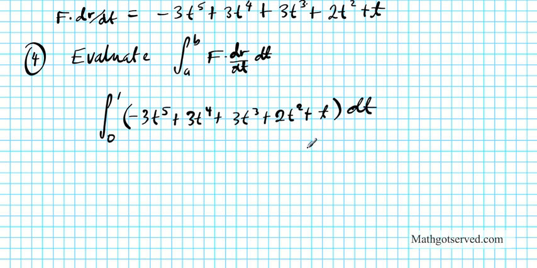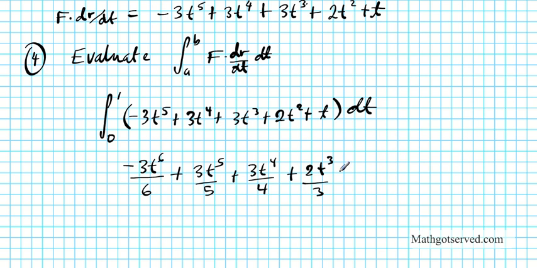Okay, so using the laws of integration, we're just going to use the power rule for integration to integrate all of these terms. If we do that, we're going to have negative 3t to the 6th over 6 plus 3t to the 5th over 5 plus 3t to the 4th over 4 plus 2t to the 3rd over 3 plus t squared over 2.